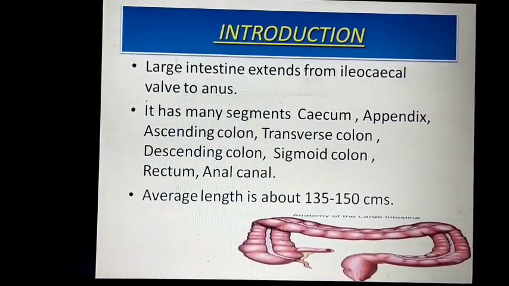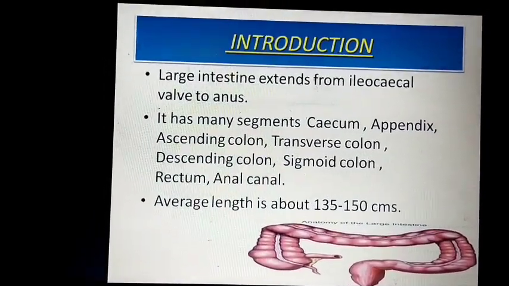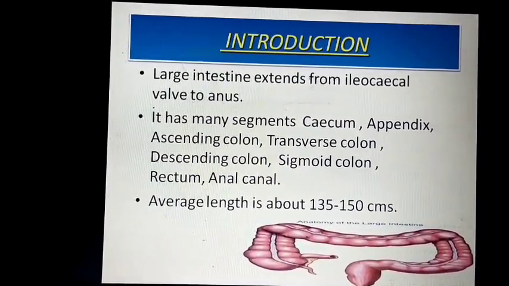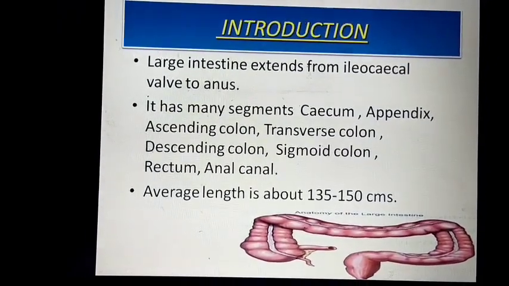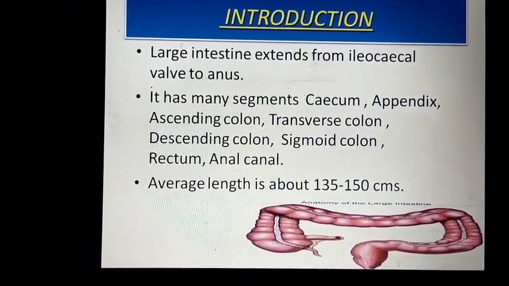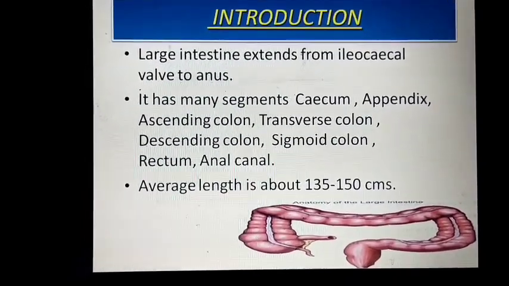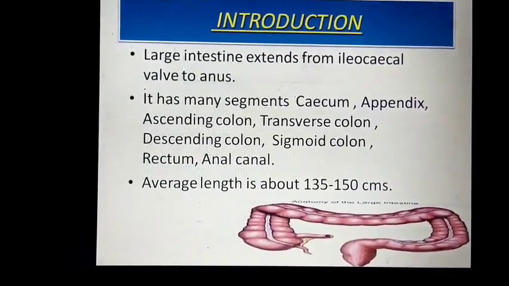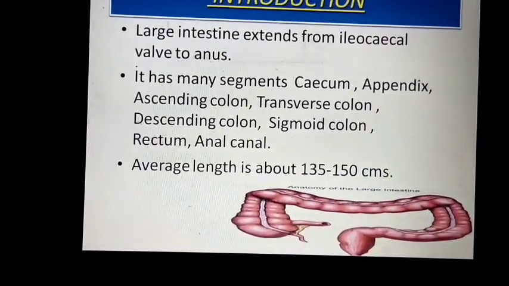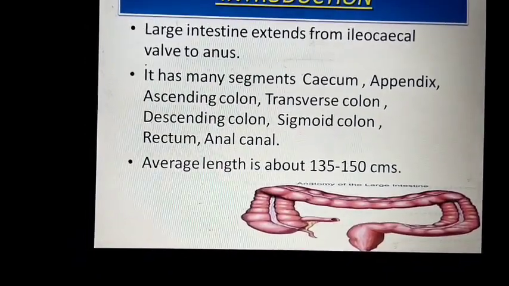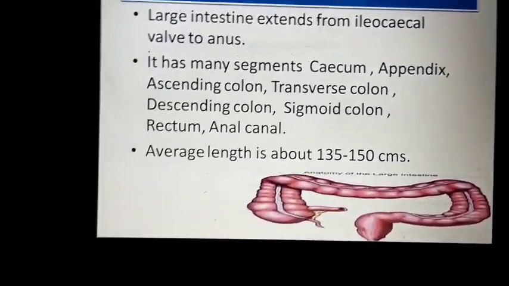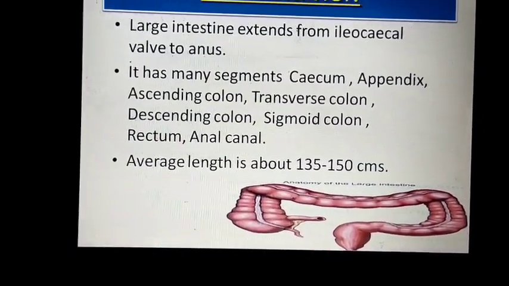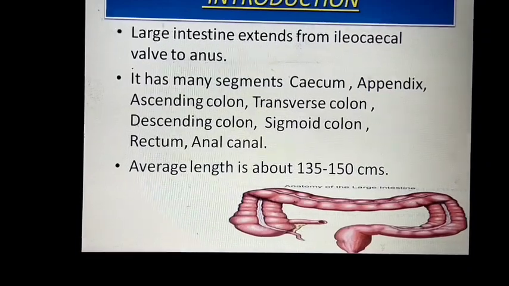The large intestine is the last part of the gastrointestinal tract and the digestive system. It extends from the ileocecal junction, where the ileum and cecum are joined together, to the anus. It has many segments. The first segment is the cecum, also called a blind pouch or blind sac.